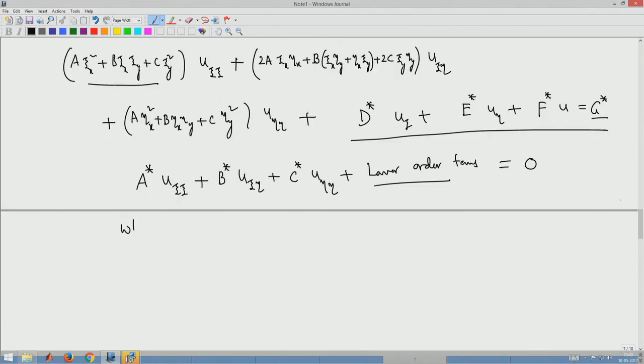So where a star is simply a, b, c, which are known.